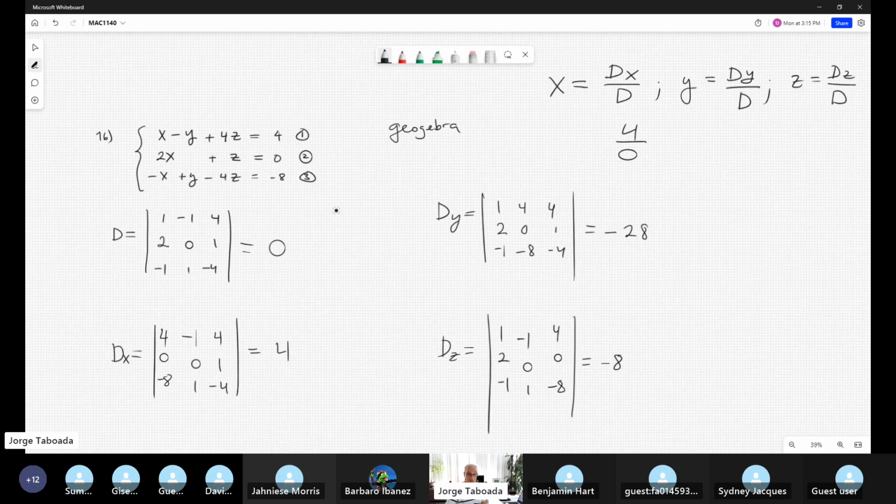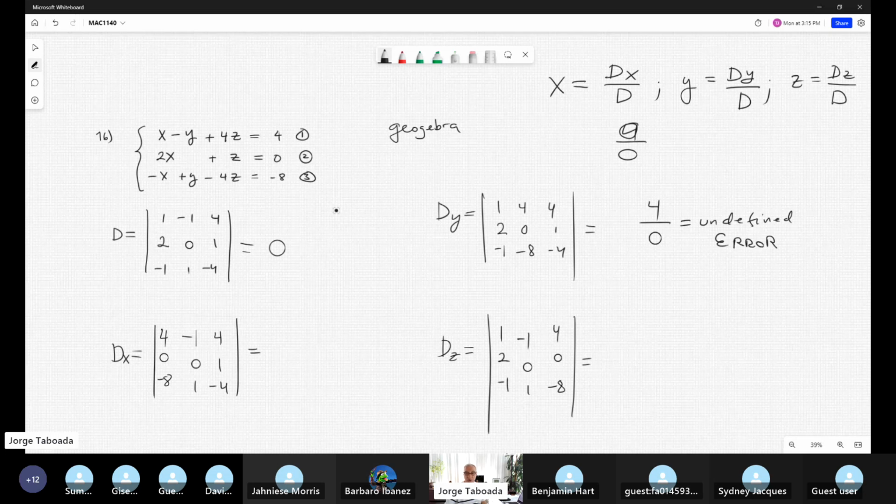If d is 0, it's no solution, and it's infinitely many solutions. See, both are, see, everything is 0. Suppose that 0, 0, 0, 0. Then 0 divided by 0 is maybe solution. It's the terminology, so any number divided by 0 for sure is undefined, which is equivalent to error interpretation, then no solution. But 0 divided by 0, remember when we study rational function, that we cancel out the same factor.